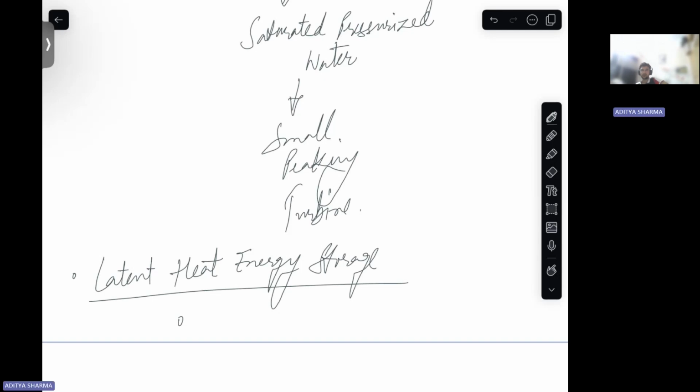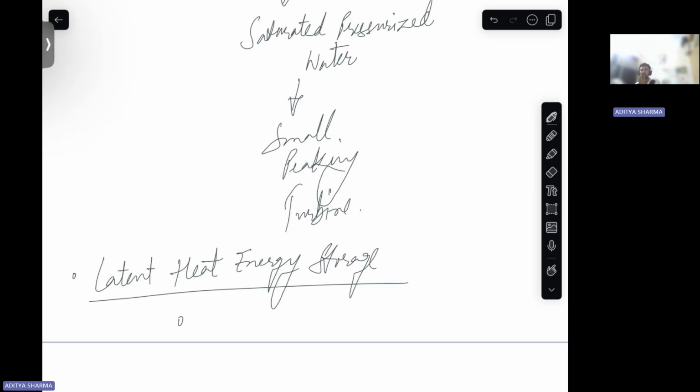In case of vaporization, we call it latent heat of vaporization. For energy storage, this latent heat can be used. So first we will provide heat, and when this phase change takes place, it will have energy stored in it because it will be in a higher state.